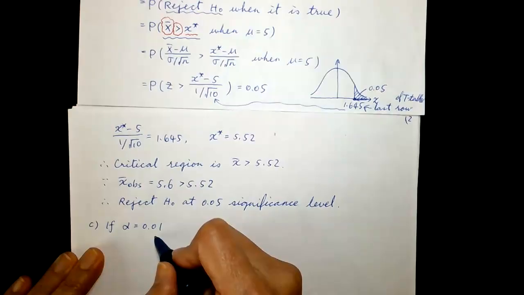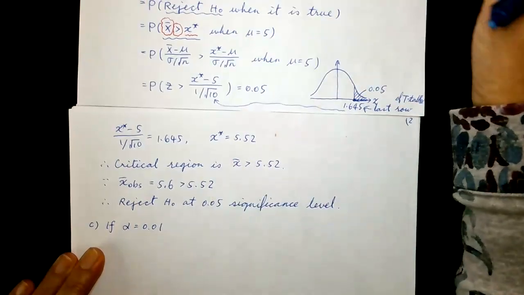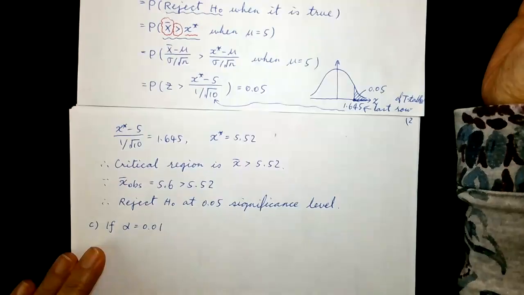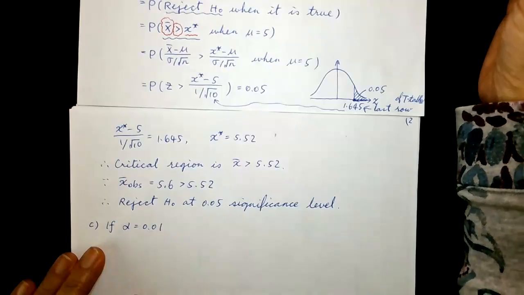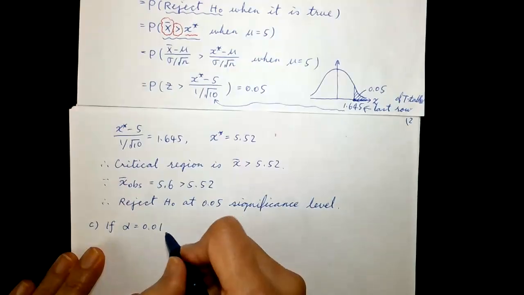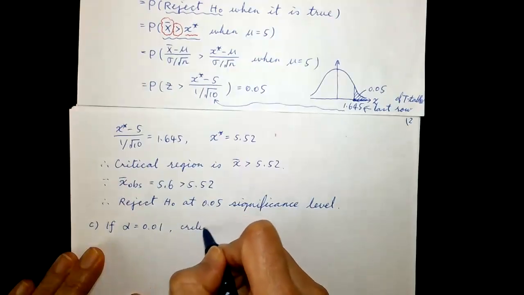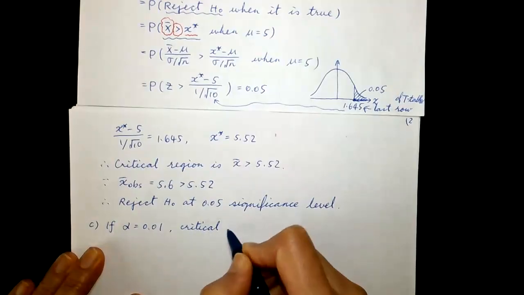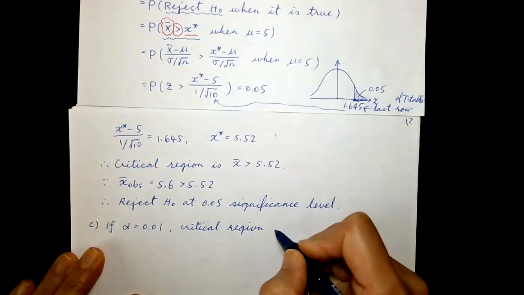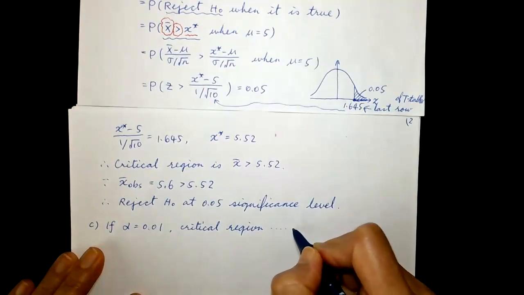If alpha has a different value, do you think we use the same critical region? Definitely not. Because from the previous two parts, I hope you've seen how the critical region is closely related to your alpha. So now the alpha is different, the critical region changes. You have seen the complete work of finding the critical region in the last lecture, so I'm not going to show that.